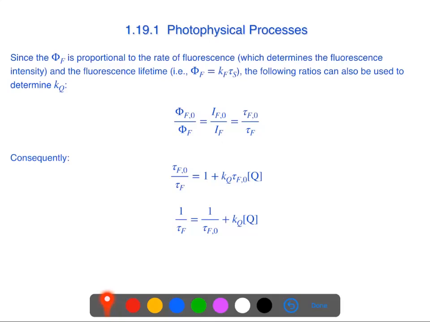So experimentally, if one has access to time-resolved emission spectroscopy, you can use this form of the Stern-Volmer expression to determine the quenching rate constant directly. Otherwise, if what's available is a steady-state fluorescence spectrometer, then you would use a ratio of the fluorescence intensities in the absence and presence of quencher to determine the product of the quenching rate constant and the singlet lifetime.